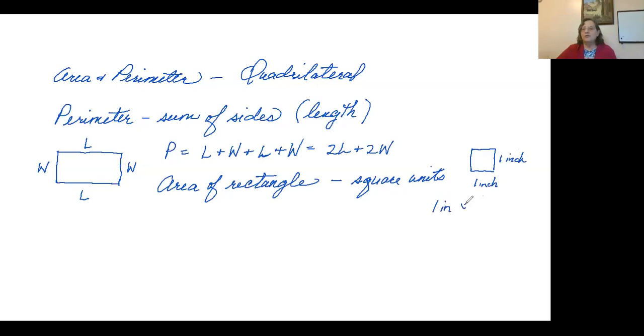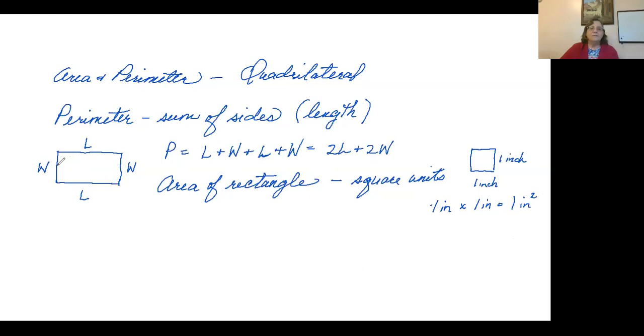So 1 inch by 1 inch is 1 times 1 is 1. Inches times inches can actually be treated as square inches. And so sometimes they will put square inches in terms of treating it like a variable squared.